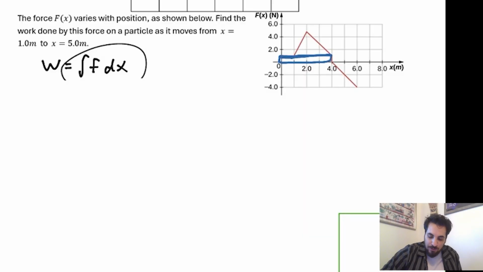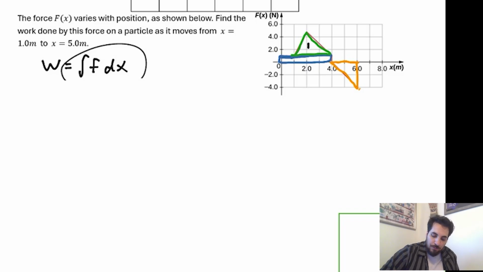We also see a green triangle right here, and we know the area of a triangle is 1/2 base times height. And we also have down here a second triangle I'm outlining in orange. And again, 1/2 base times height. But here our height is -4. That's going to be important. We keep that in mind. But the total area under the curve is just going to be the summation of these three different parts.